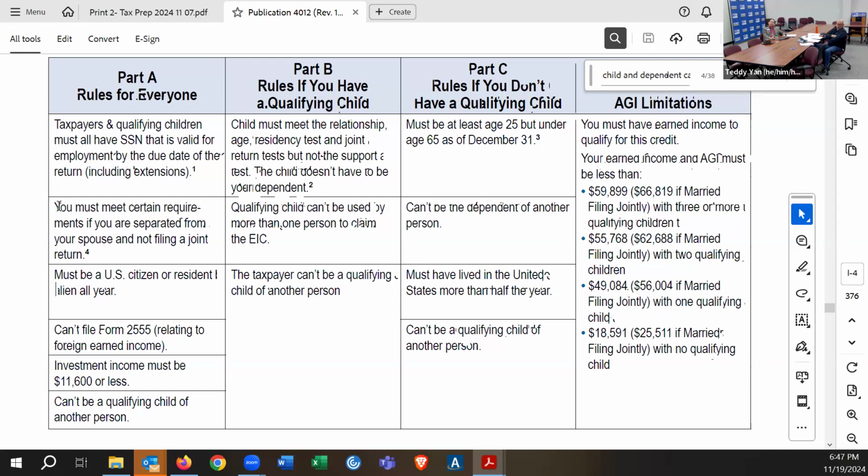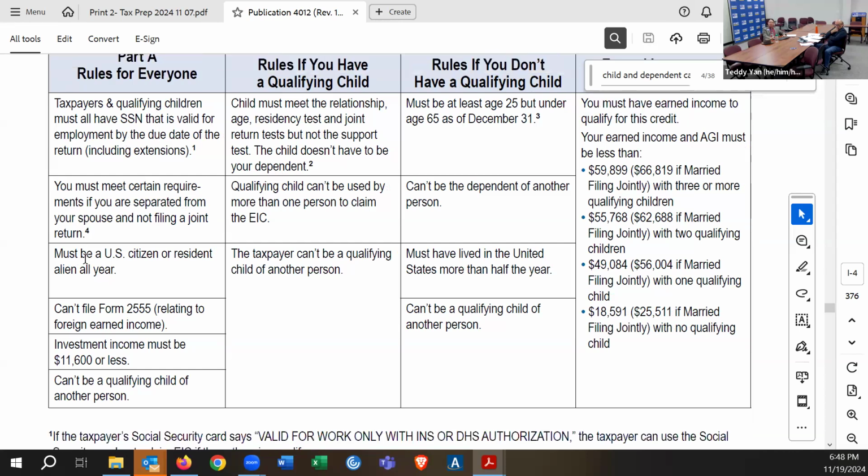Does Kat meet certain requirements if she is separated from her spouse and not filing a joint return? Well, she doesn't have a spouse. She is divorced. That was finalized. So she doesn't have a separated spouse. She is single in the eyes of the federal government.